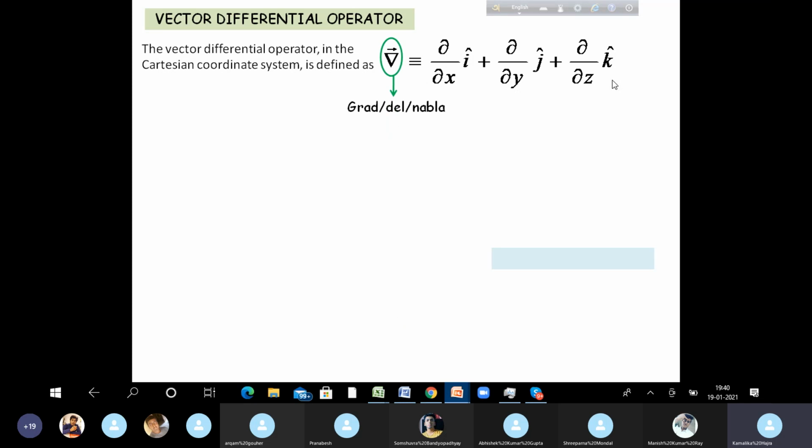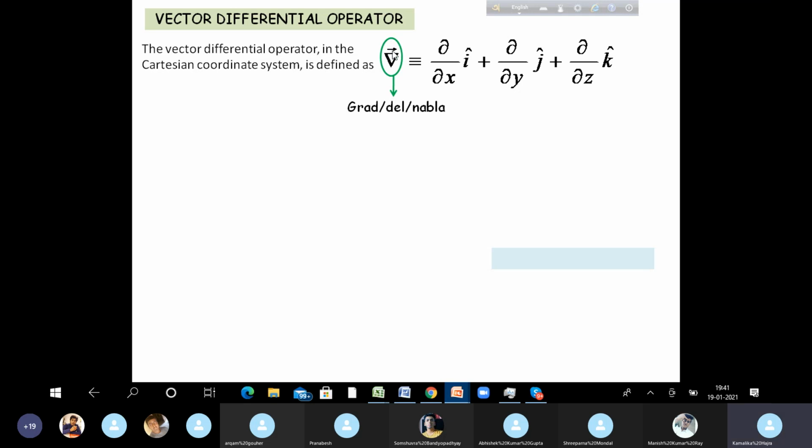This symbol has different names. It is the Greek letter nabla. But in the language of mathematics, we call it the grad operator or the del operator. And don't forget to give the vector sign on it.